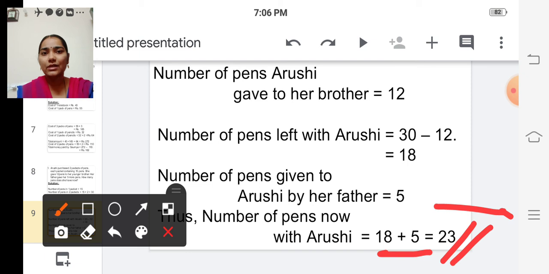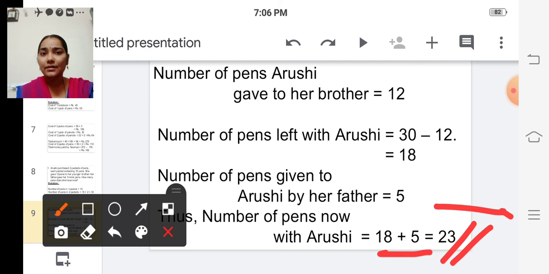Have you all understood, children? Is that clear? Yes. So with this we have completed the multiplication chapter. So practice all the problems at your home. And study the multiplication tables.